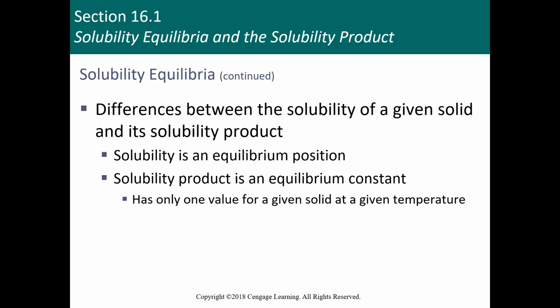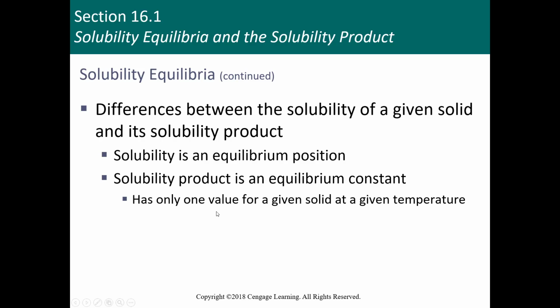The differences between the solubility of a given solid and solubility product. Well, the solubility is an equilibrium position. So when you talk about the solubility of blah salt, the solubility of aluminum chloride, the solubility of iron chloride, these are positions, these are concentrations you could have before you would start seeing precipitation.